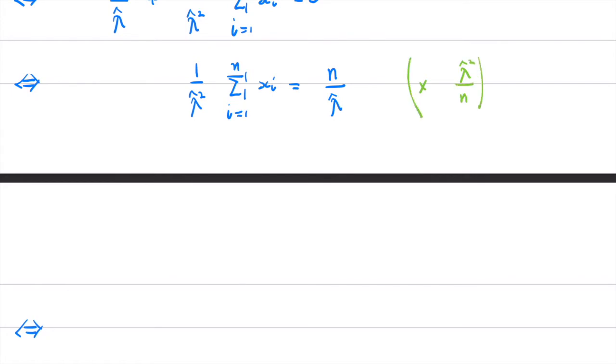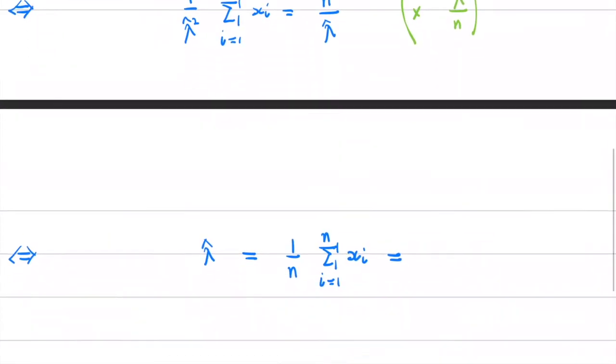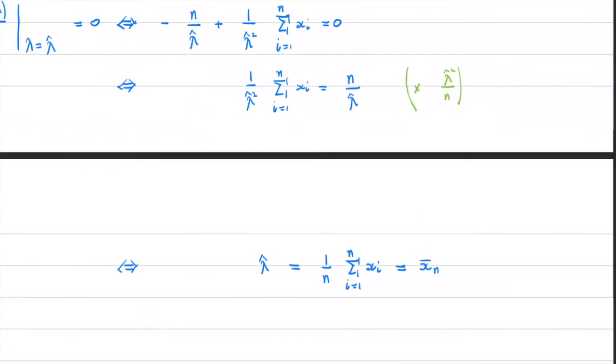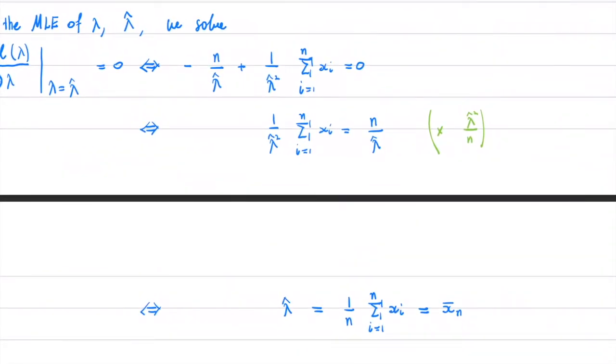And by multiplying both sides by lambda hat squared on n, we are left with lambda hat equals 1 on n sum i equals 1 to n xi, which by definition is the sample mean. So we've solved it equaling 0, and we've found an expression for lambda hat, which is the sample mean.